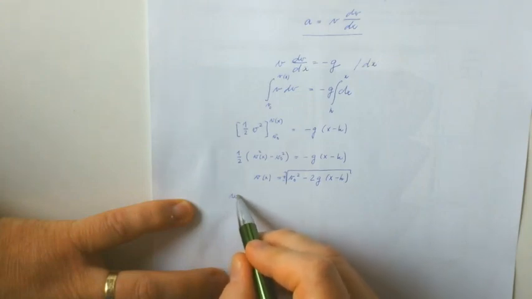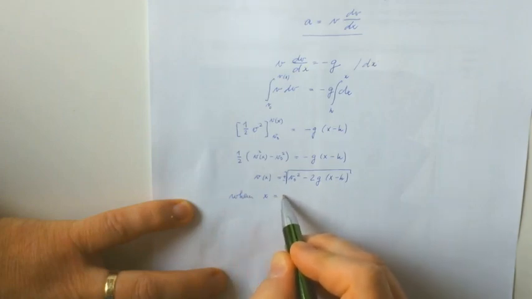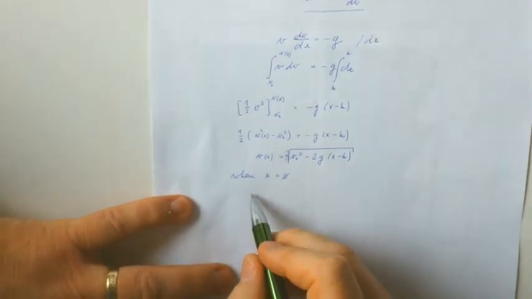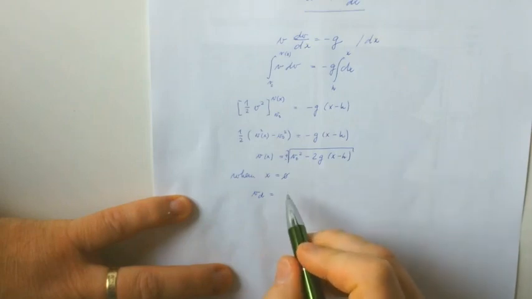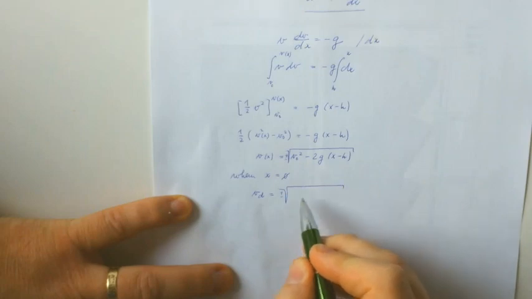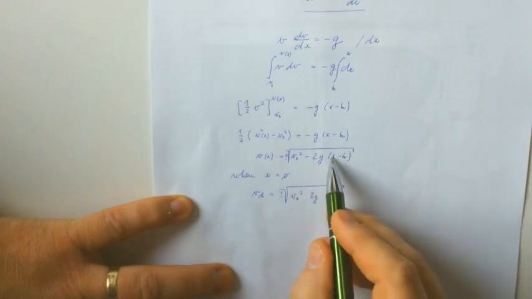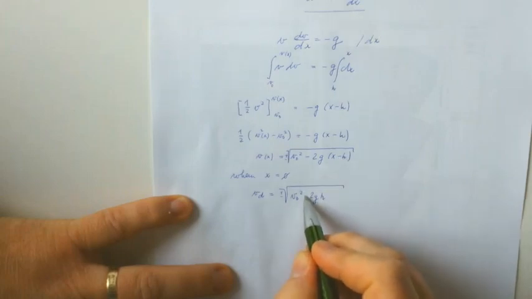So when x is equal 0, and we can substitute here, so vd is plus minus square root of v0 square, and there would be minus h only, so we can write h and plus, 2g h.